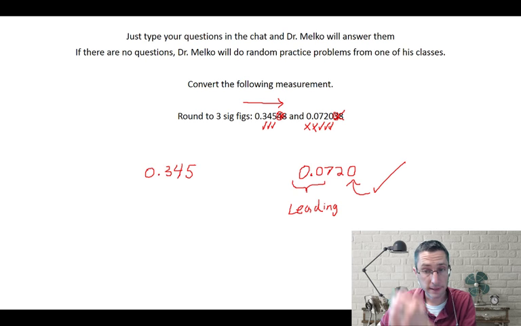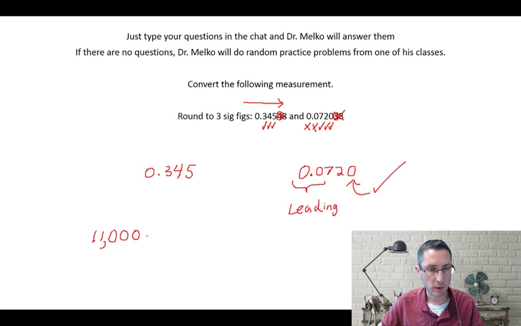If it's after a large number like 11,000, with no decimal place out here, I still have to write them there, but they don't count as significant figures. So this 11,000 would just have 2 sig figs, even though I still write out 11,000 so I know it's a large number. Otherwise, it's just 11. So hopefully that answers your question there for rounding those to 3 sig figs.